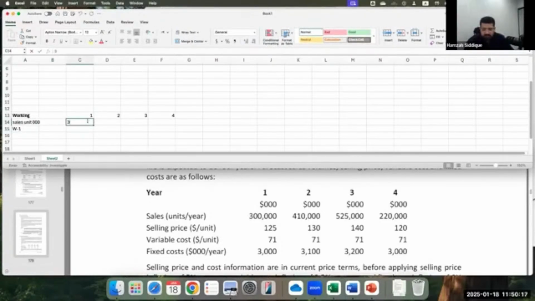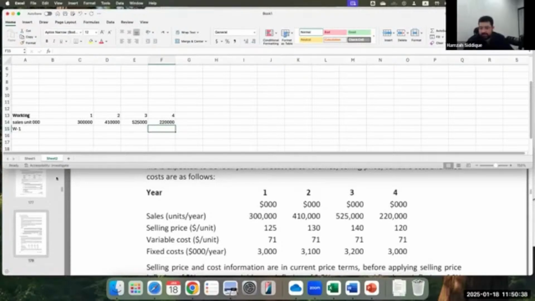That is 300,000, 410,000, 525,000. So these are the sales units.